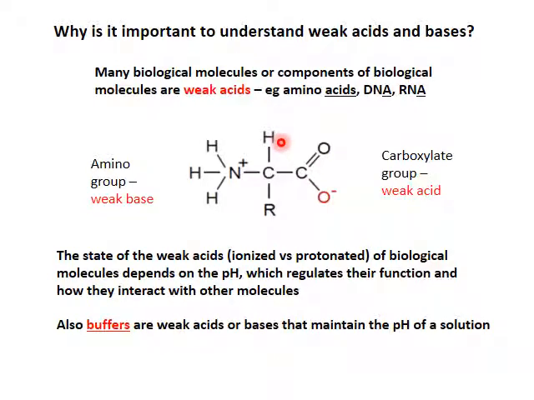amino acid, and we'll be talking about amino acids in the context of our first macromolecule, proteins. The amino acids basically have this type of structure where you have a carboxylate group that's similar to that acetate conjugate base that was formed from acetic acid's dissociation of a proton.